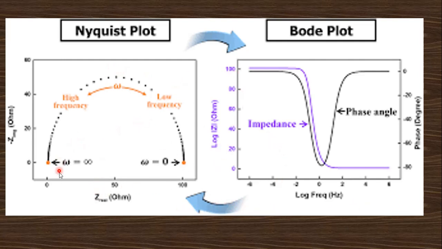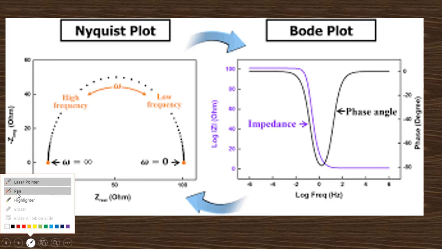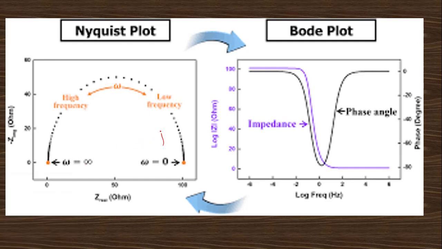Here you can see omega is infinity here, omega is 0 here. That means this is the low frequency region, plotted here, and this high frequency region is plotted here, right? So omega increases in that direction.